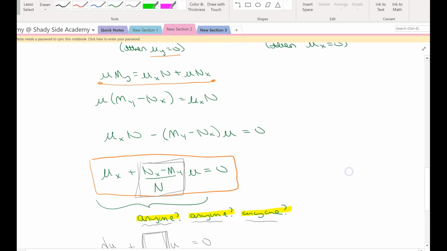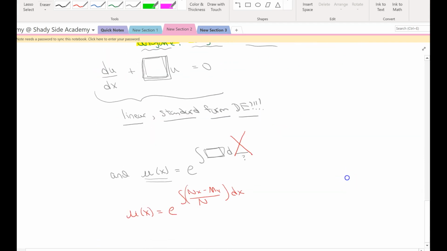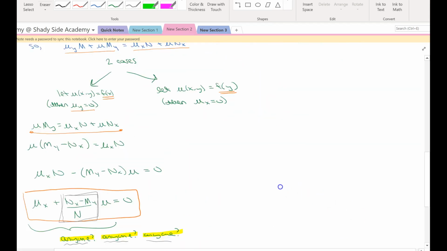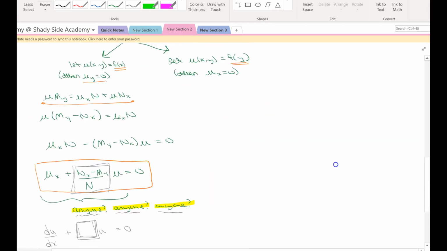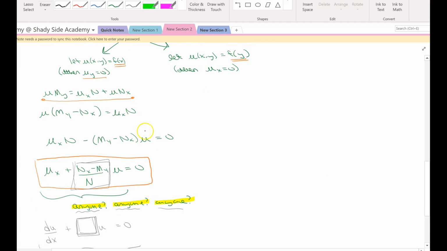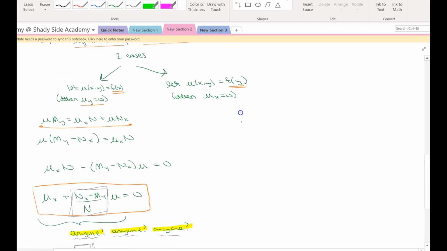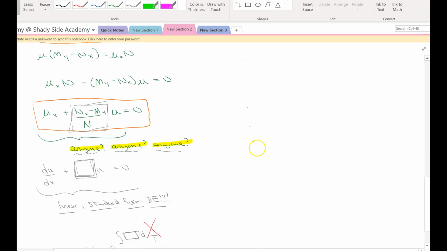So here's my question for you that I want you to duke out for a minute. Well, actually, maybe I'll duke it out after I show you the result on the right-hand side. I think you can see, without going through every single step, that in the other case, where we assume that u of xy is a function of y, the result is going to be very, very similar. Maybe as an exercise, you'll want to fill in the corresponding proof on the right-hand side just to talk yourself through it.